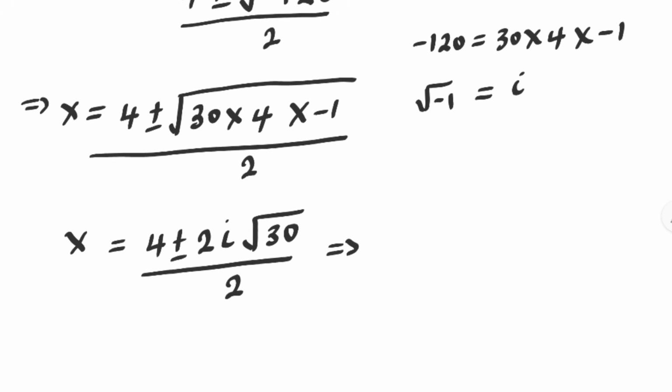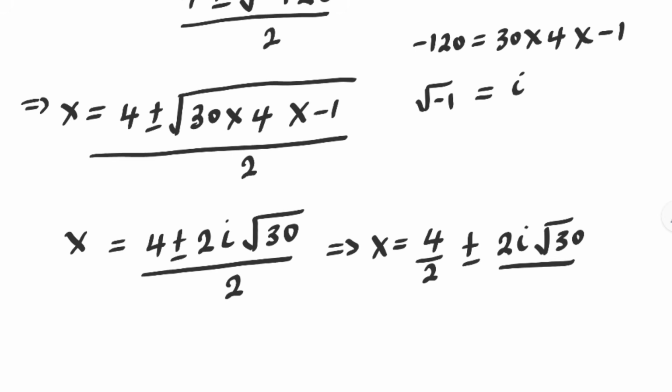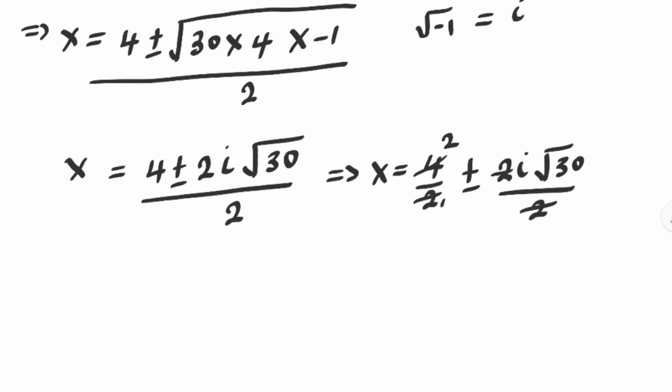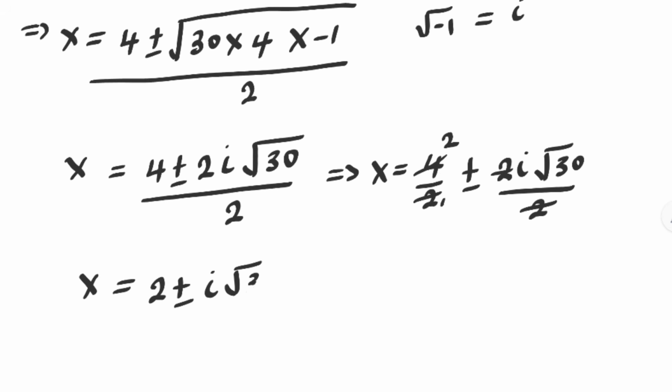This can be written as x is equal to 4 divided by 2 plus or minus 2i root 30 divided by 2. 2 here 1, 2 here 1, 2 here 1, 2 here 2. x is equal to 2 plus or minus i square root of 30.